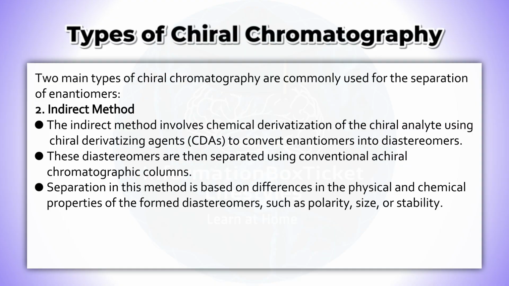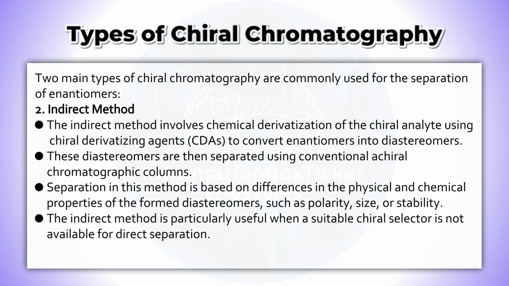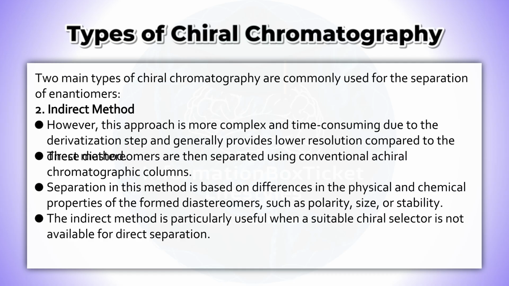Separation in this method is based on differences in the physical and chemical properties of the formed diastereomers, such as polarity, size, or stability. The indirect method is particularly useful when a suitable chiral selector is not available for direct separation. However, this approach is more complex and time-consuming due to the derivatization step, and generally provides lower resolution compared to the direct method.